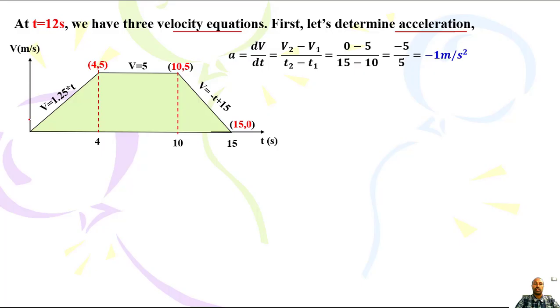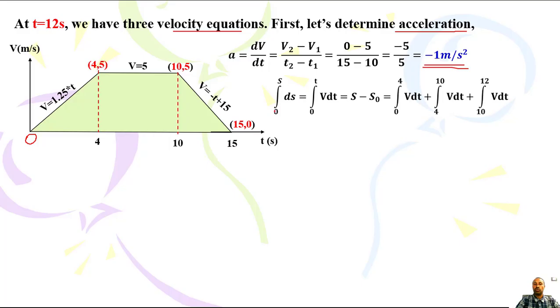You have 0 minus 5 over 15 minus 10, which is vertical increment over horizontal distance. So you have negative 1. You can see the slope, dv by dt, is the acceleration at this location.